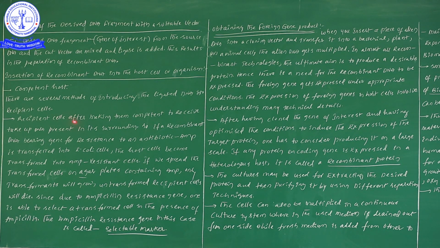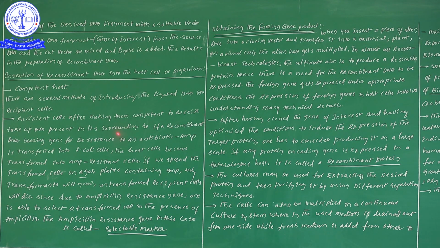Now these recipient cells, after making them competent, we have to make them competent to take up DNA present in its surrounding. Definitely when we prepare a competent host, to receive the DNA present in its surroundings, we have to make it ready.